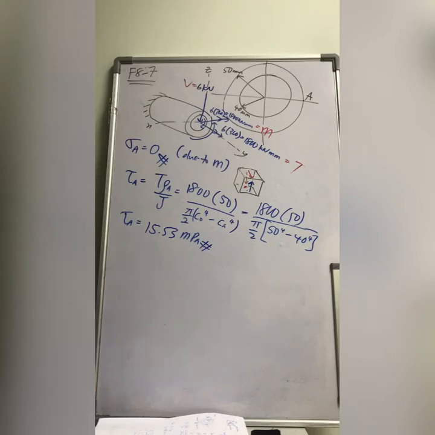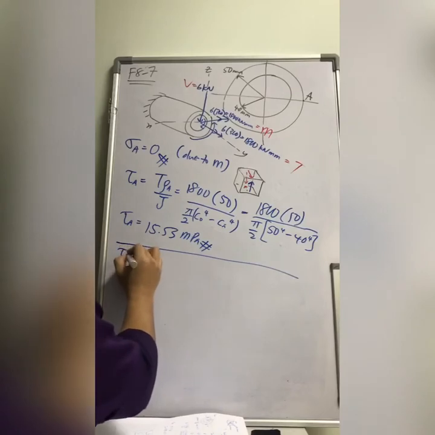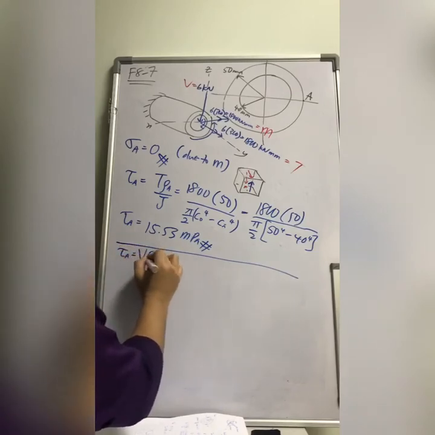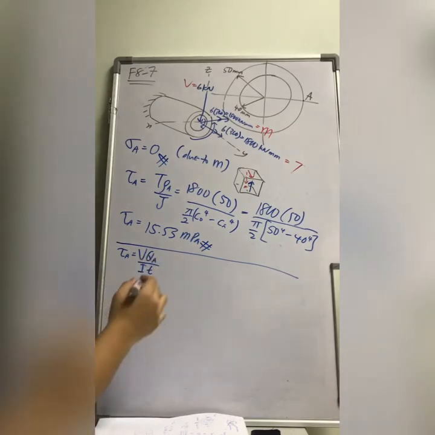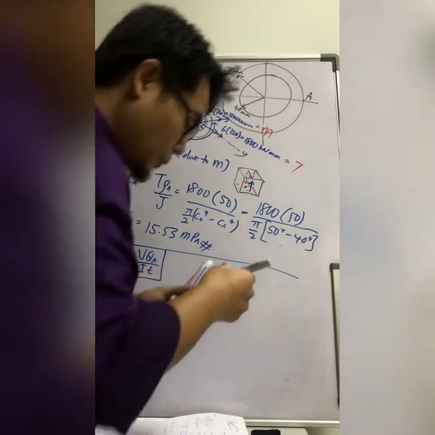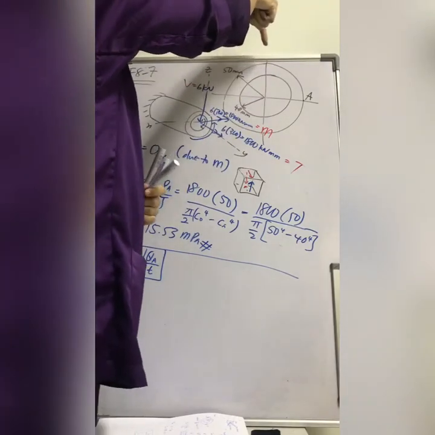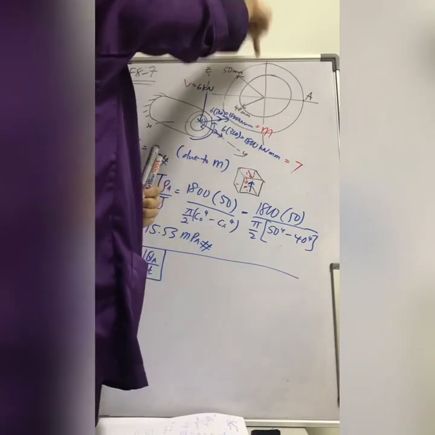Right? Okay, next, we look at what happened with tau A due to VQ of point A over IT. So V is what? 6 kilonewton, isn't it? So please understand this. For V, 6 kilonewton transverse shear force going down.